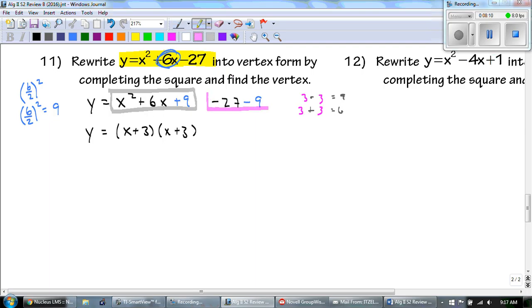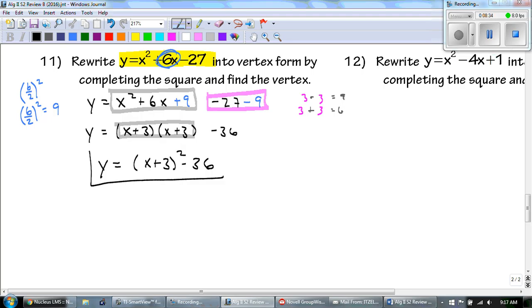And then this part right here, negative 27 minus 9 is negative 36. The last part now is we are going to rewrite all of this. We would rewrite that as x plus 3 squared minus 36, and then there is our answer in vertex form.